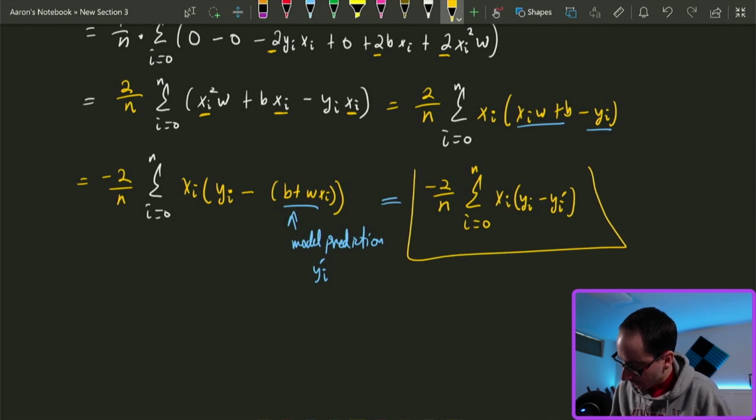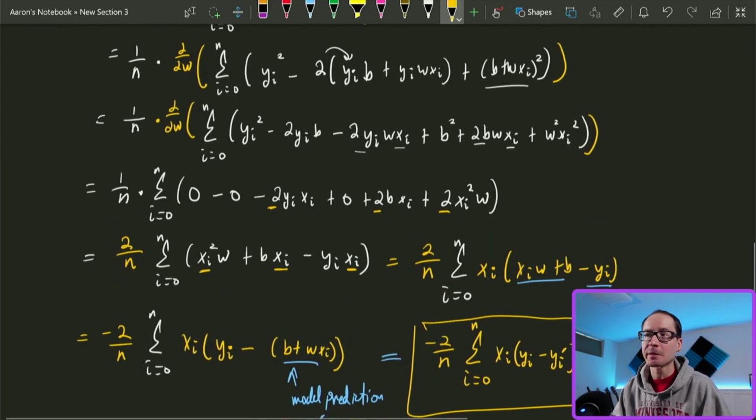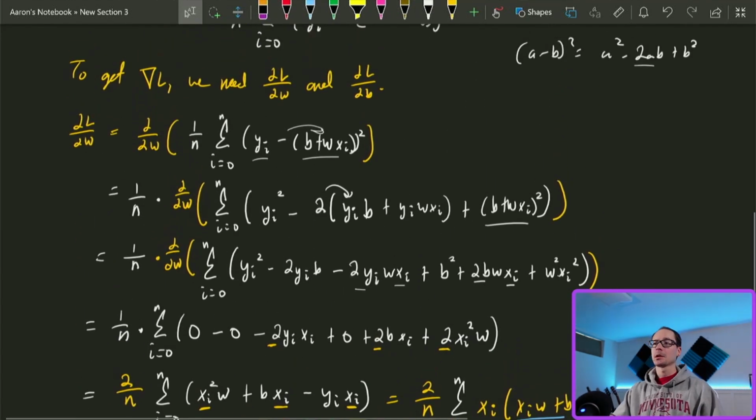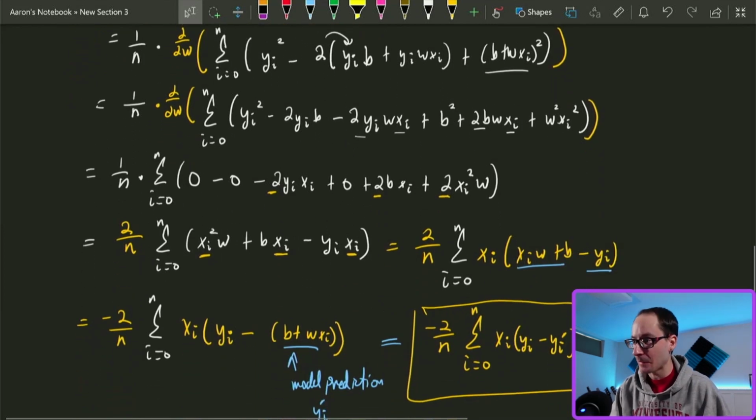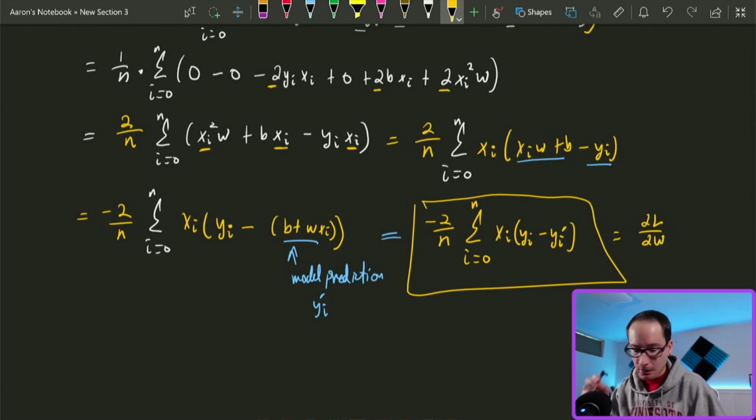Boom. And remember, this whole string of equality is the partial derivative. Where do we start? Right, the partial of L with respect to w. Okay. So that's not so bad, because if you look at calculating this, that's kind of cool, right?